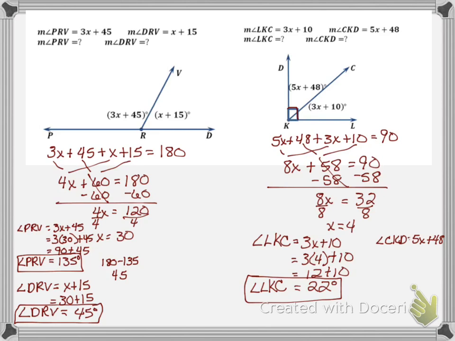All right, so x equals 4. Plus 48 equals 68. So angle CKD is 68 degrees, and let's make sure that it makes sense.